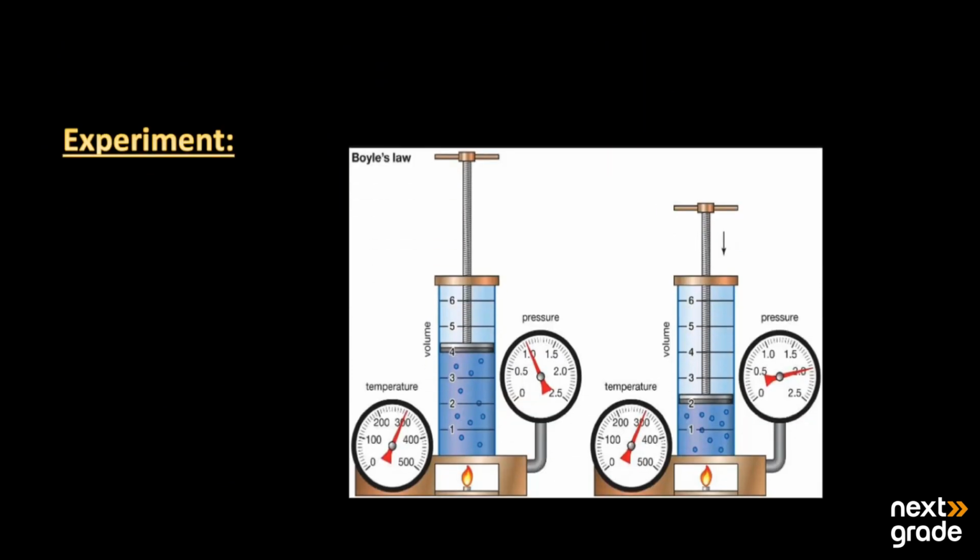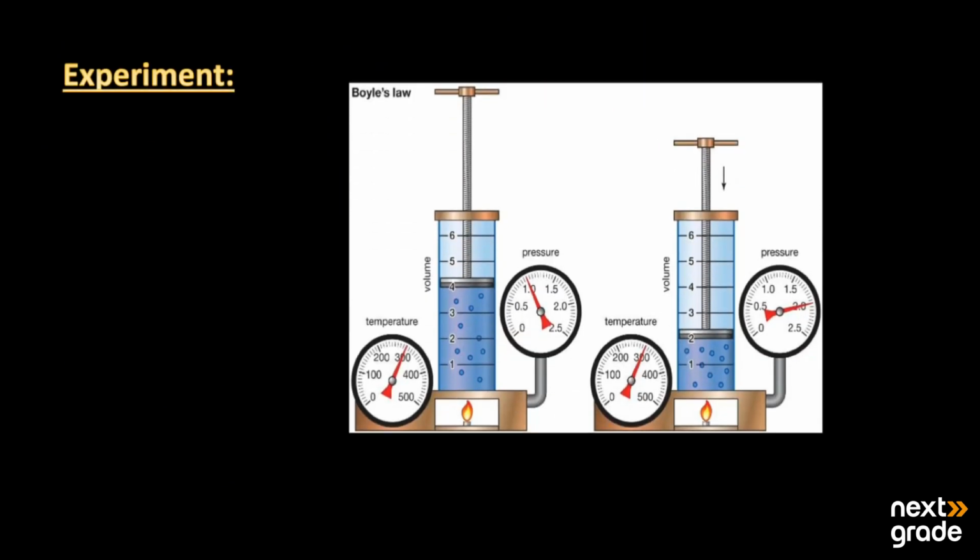Next, we have the experiment done by Boyle to check the effect of pressure on the volume of a gas. In the first step, he kept the temperature constant. There was no change in the temperature. Here the temperature is 300 Kelvin, and the gas is filled in a movable piston.